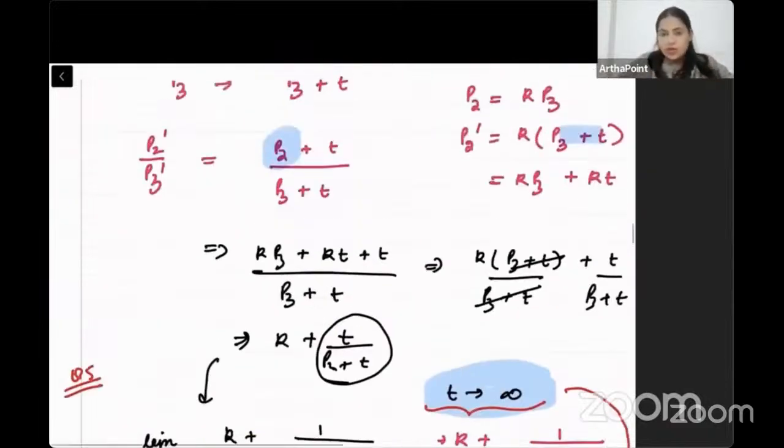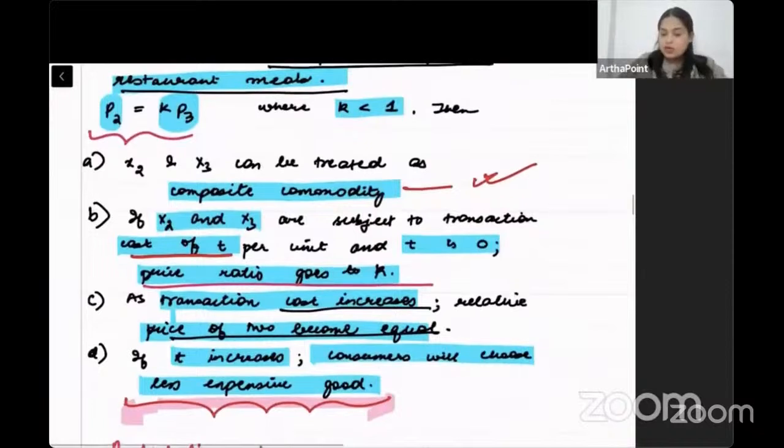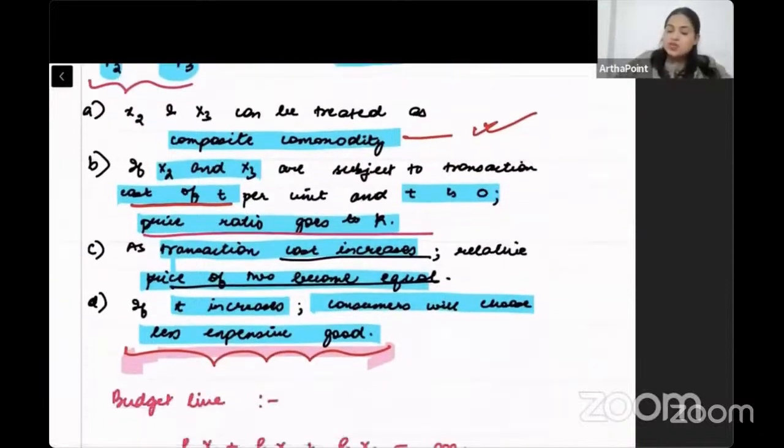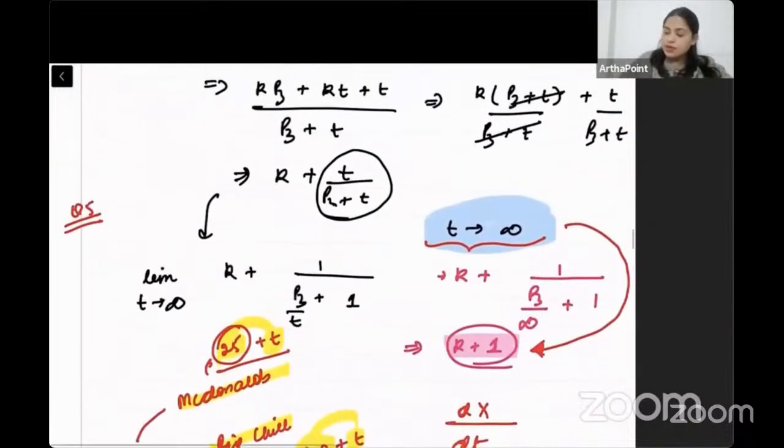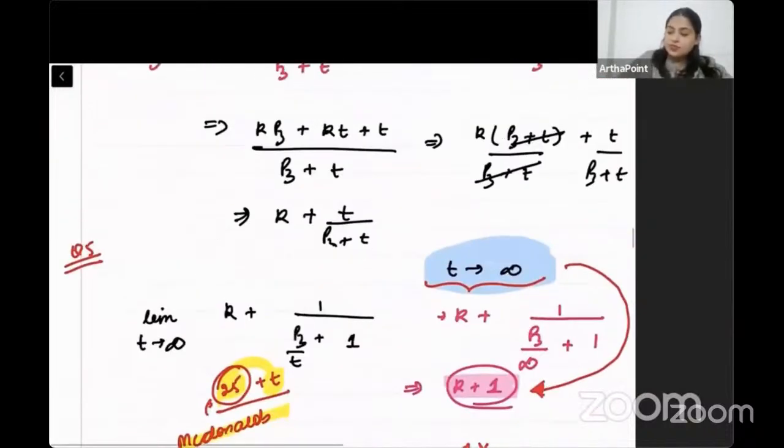So let us try to think about the four options now. It says, beta, these two will act as composite good. That is correct. They are acting as composite good. If x2 and x3 are subject to transaction cost and t is 0, the price ratio goes to k. So let's check t tending to 0 once here.